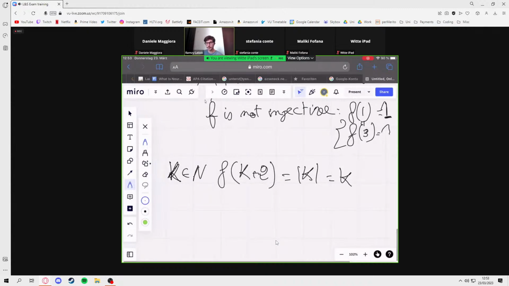If we take any k that's a natural number and take k plus 2, we produce k. So therefore, I can say that f is surjective.